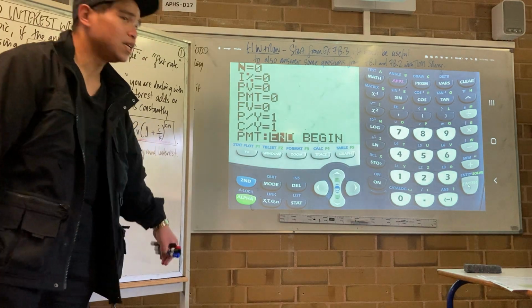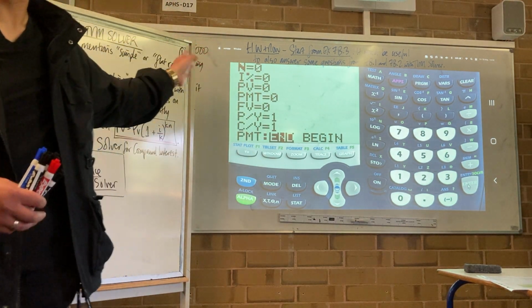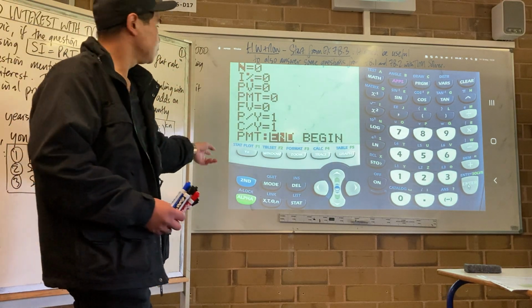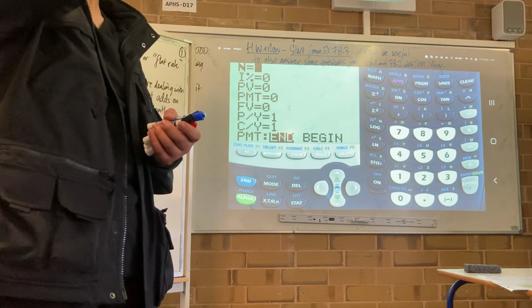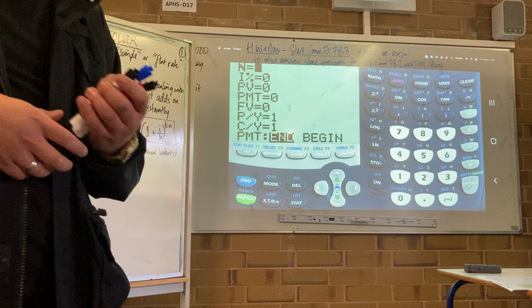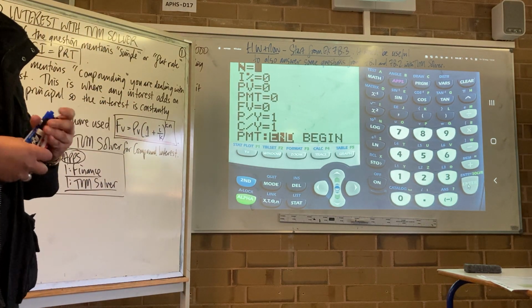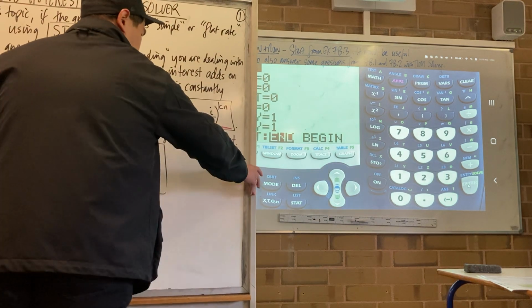If anyone's OCD like me, if you want to start the app fresh, the defaults are 0, 0, 0, 1, and 1 at the bottom. Because you're going to be doing multiple questions, you're going to have numbers to start off with. But if you want to start the question off fresh, 0 everything, except the bottom 2, which is 1 and 1, okay? So that's how you access TVM solver.